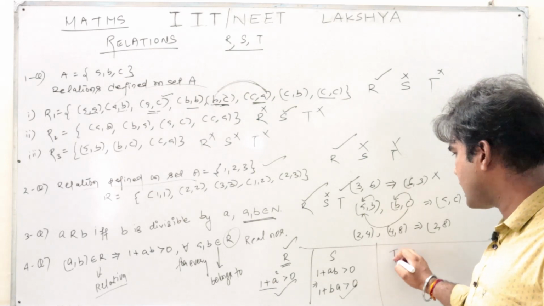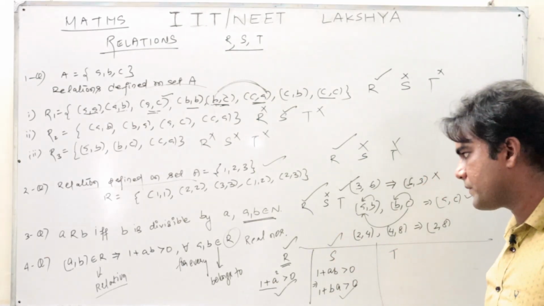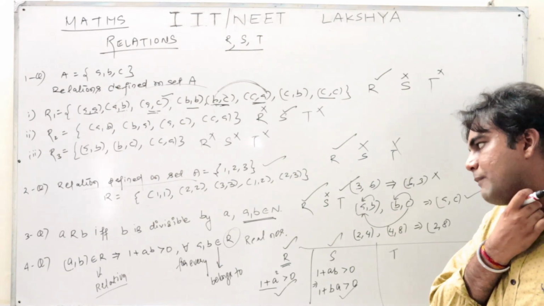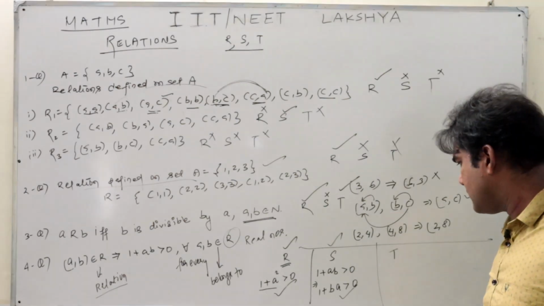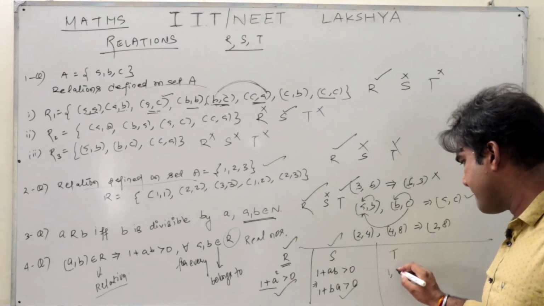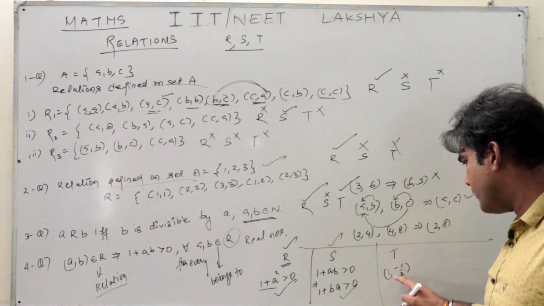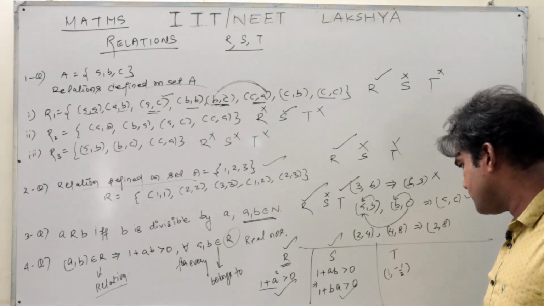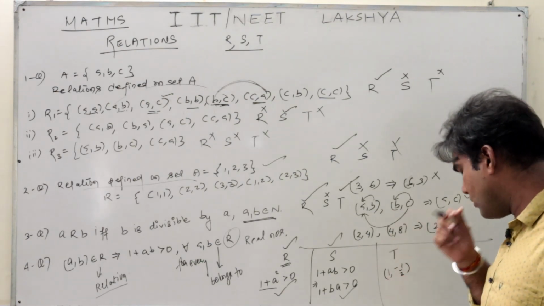So it is reflexive, it is symmetric. Now we need to check transitive. For transitive, I am going to take a simple case. Let us say (1, minus 1 by 2) is your (a, b).